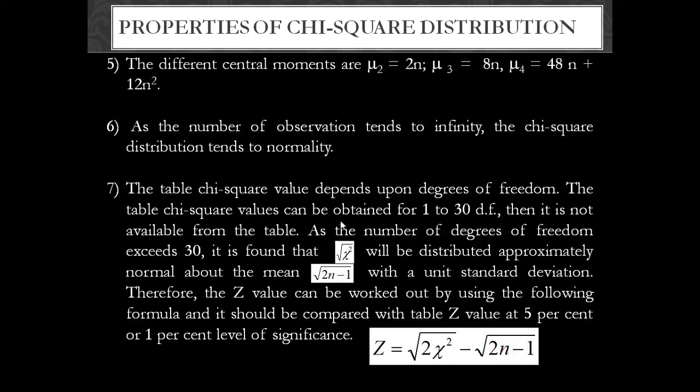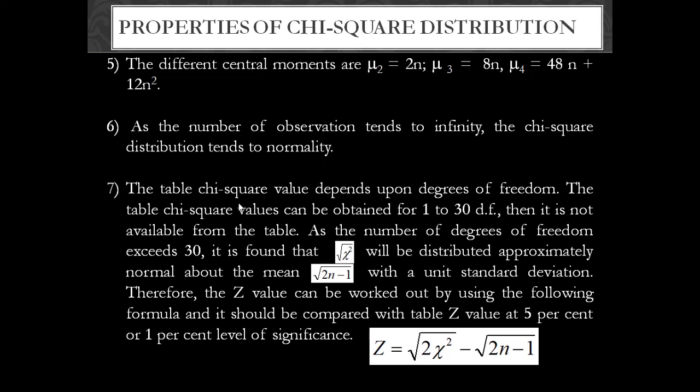The fifth property is regarding the central moments. The second moment is equal to 2n, the third moment is equal to 8n, and the fourth moment is 48n plus 12n square. Now similarly, just like the T distribution, as the number of observations tends to infinity, the distribution shape tends to normality.